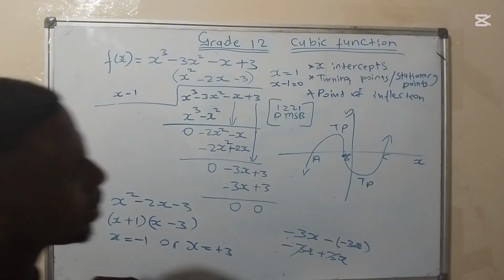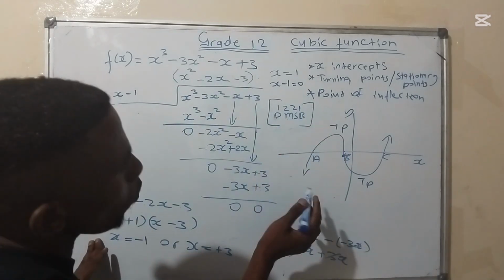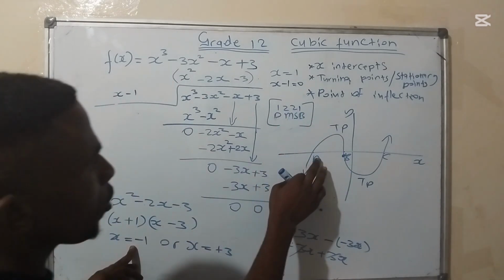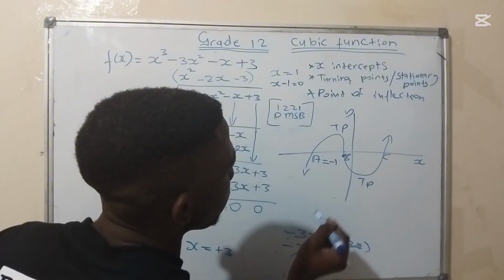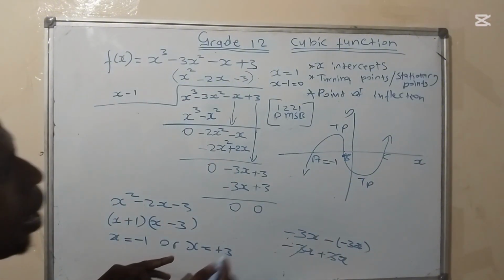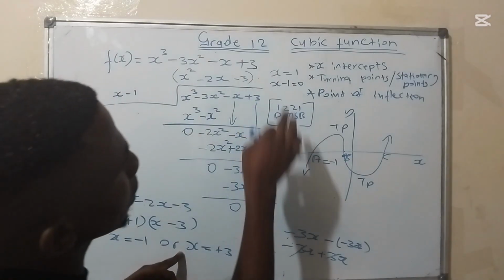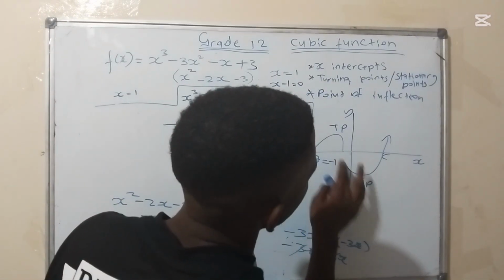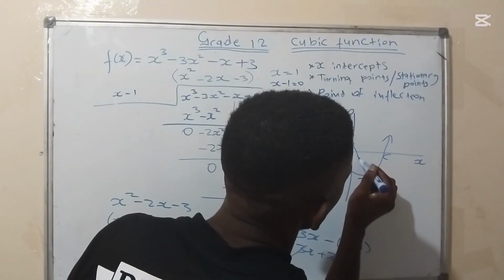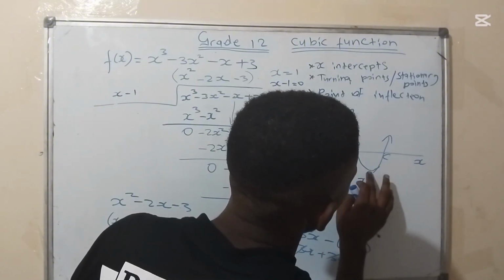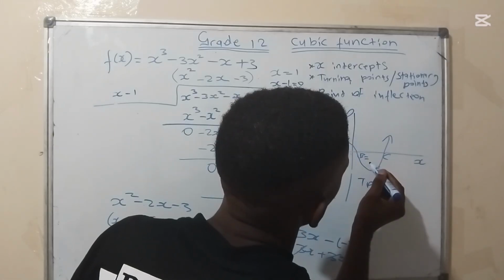Now let's rearrange them correctly according to their signs. Here we have negative 1. Our a is negative 1, followed by our positive 1, which means the value of b is somewhere here. The value of b is somewhere here, guys. x equal to positive 1.